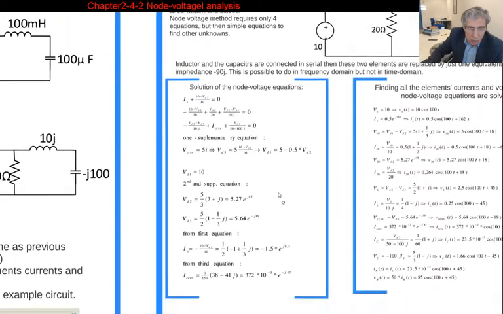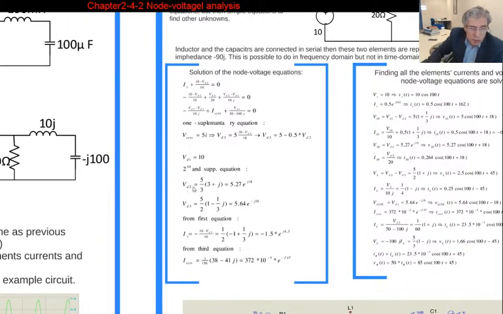So this is what is done here. And once you find VD2 and then VD3 as it is found here, you can find IS by using the first equation, and you can find the current controlled voltage source current phasor by using this third equation. So it is found here.